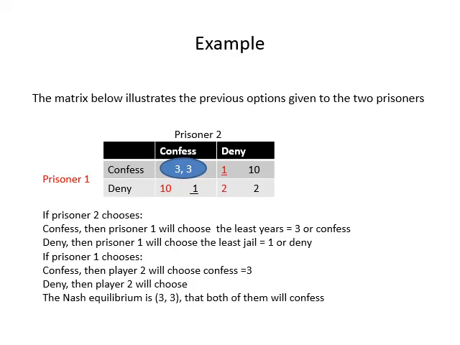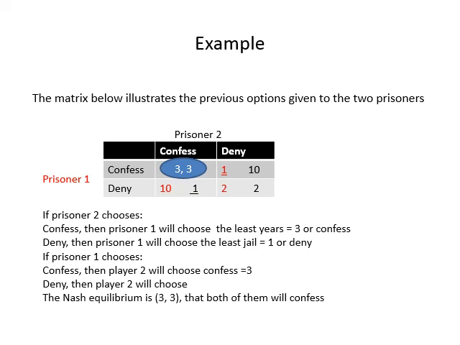The matrix below illustrates the previous options given to the two prisoners. Now, if prisoner 2 chooses confess, then prisoner 1 will choose the least years, 3 years, or confess.